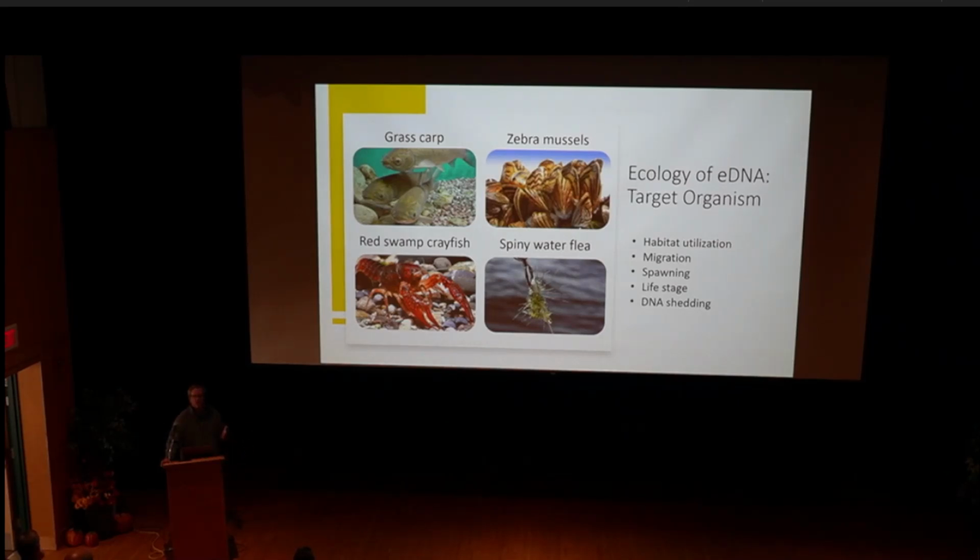Spawning events. Spawning events are great because they release a ton of DNA all at once in the environment, so that might increase your detection probability for something that's otherwise really hard to detect. Life stages. Target different life stages, whether it's the benthic stage for our bivalves or the larval phase. And then the DNA shedding rate. All organisms shed DNA differently. Right?